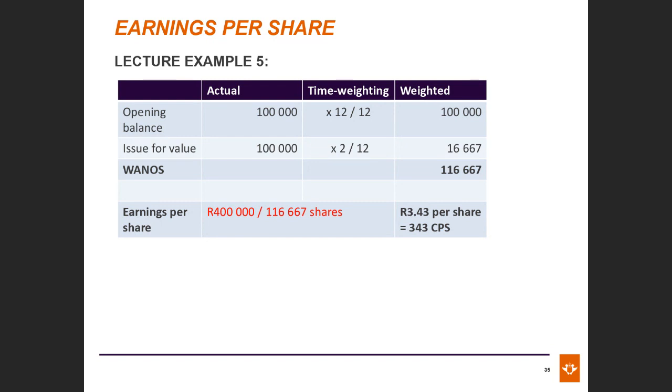We are using the weighted column to calculate our earnings per share. But in our financial statements, we would actually show we have 200,000 shares in issue. But for the purpose of calculating our earnings per share, we need to weight the new share issue during the current year, because we need to show that we only had those new shares for 2 months, meaning we only had the earnings potential for 2 months of the year.